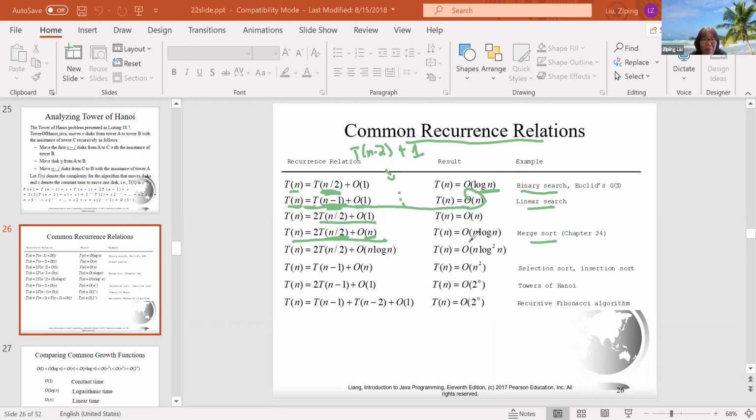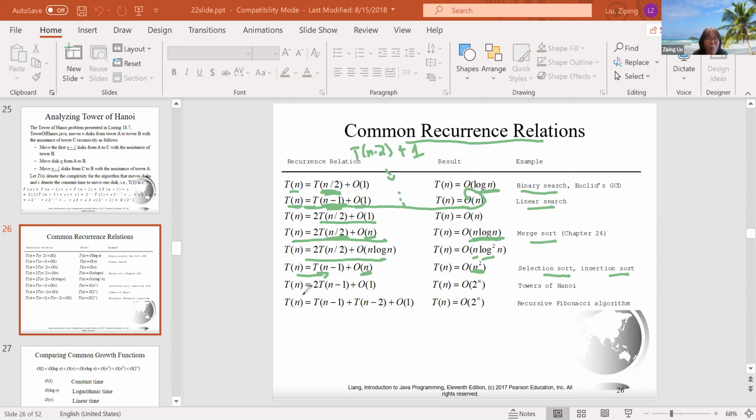In this case, it's n log 2n. And we also have the case decomposed to n minus 1 but with linear work, like selection sort or insertion sort. In this case, it's n quadratic.